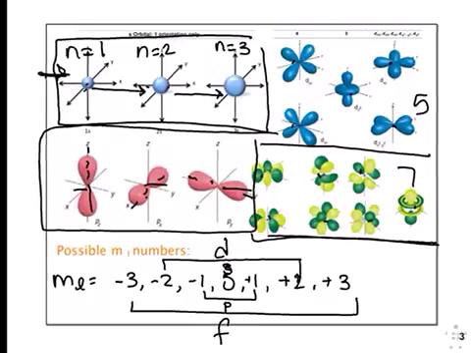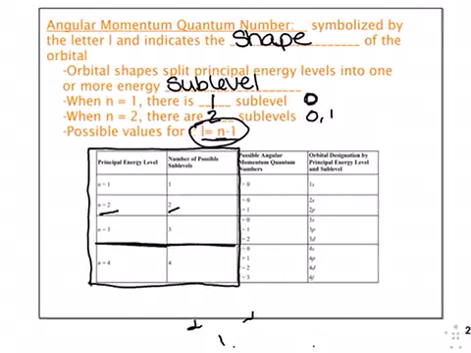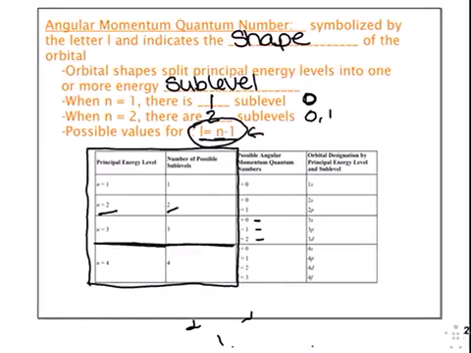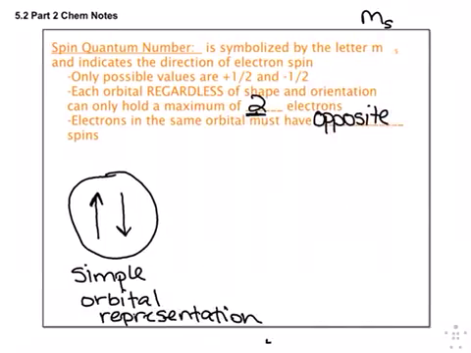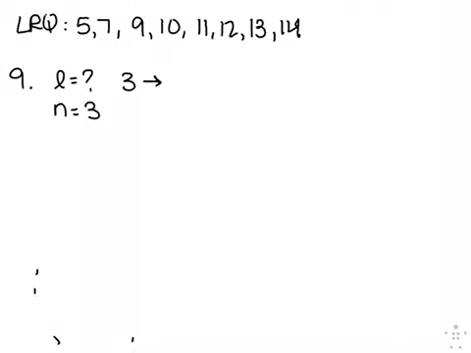Their possible values of L are going to be 0, 1, and 2. If you wanted the formula to figure out these values, you could use this, or you can just look at the chart. So to answer the first part of number 9, the possible values of L are 0, 1, and 2.